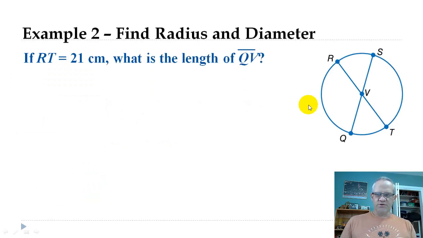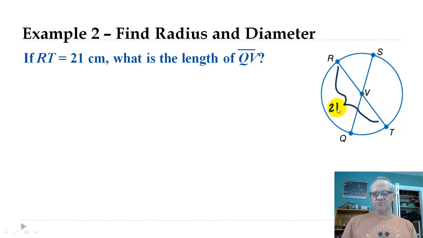Okay, so here's an example. If RT is 21, so we know this whole thing is 21, what's the length of QV? Well, if you look at this, QV is this distance here. We could approach this two different ways. If I know RT, well, RT is the diameter, so VT is the radius.